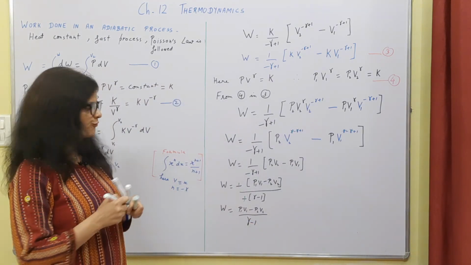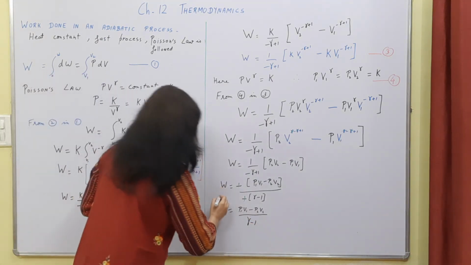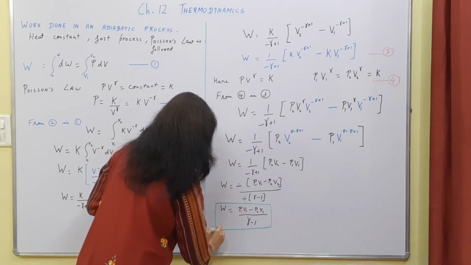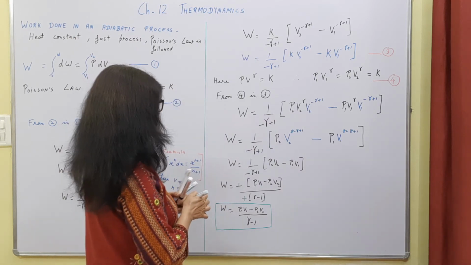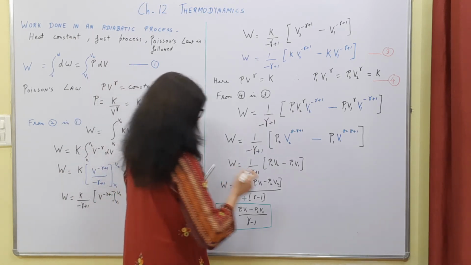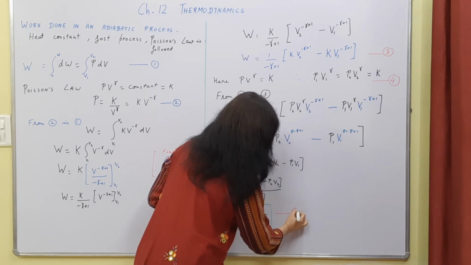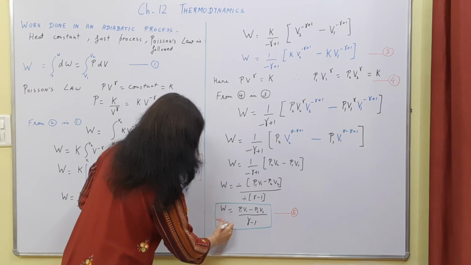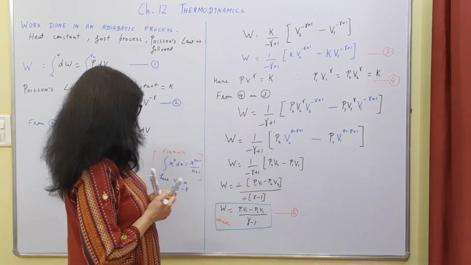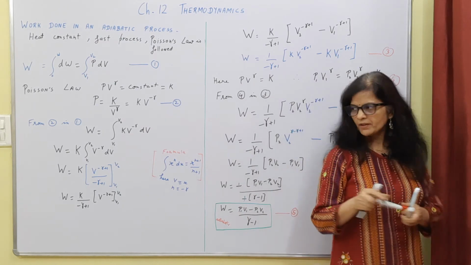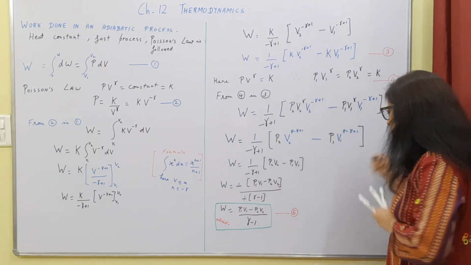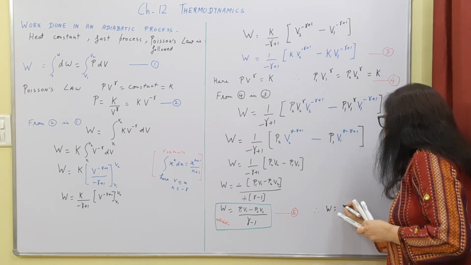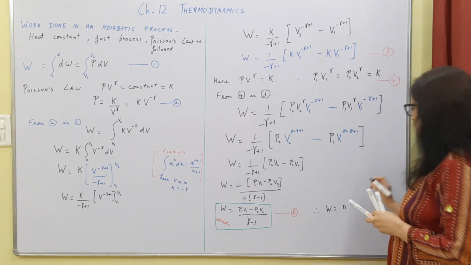This is one form of the formula, and the other form can be written from equation of state. Let's mark this as equation 5, which is the work done in an adiabatic process. Right? The other form we can write by using equation of state. Therefore W can also be written as N, number of moles is same for the gas.